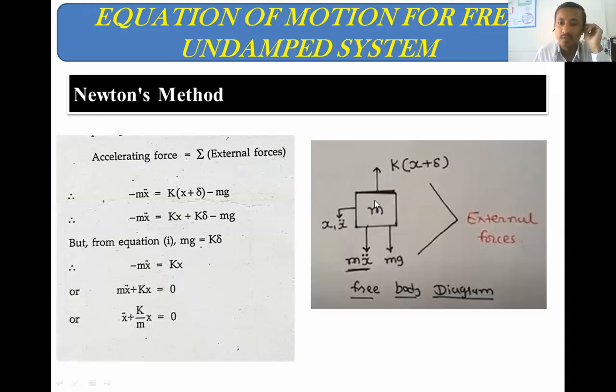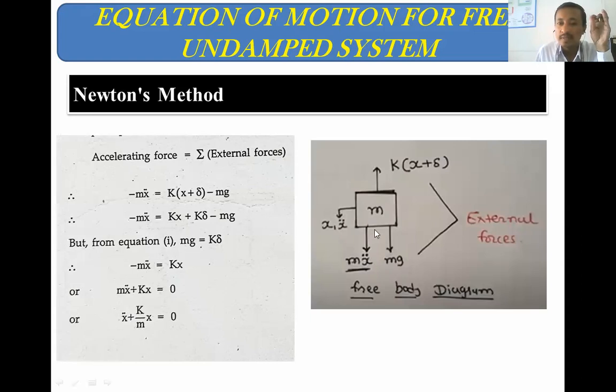Now look, in case of the spring mass system, we are going to draw the free body diagram of the mass. This is m, the mass. So what are the downward forces acting? Accelerating force is equal to external forces.